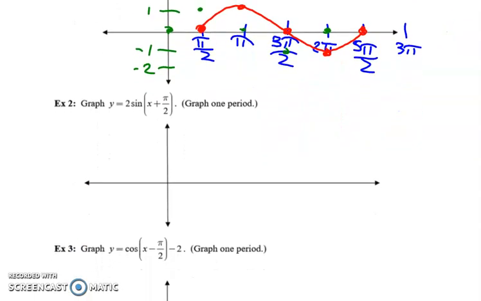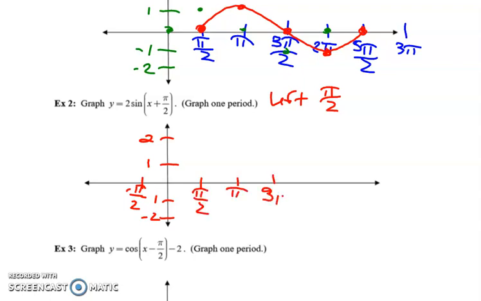So if we look at this example, this means we're going to go left pi over 2. But we also have that stretch. So we go 1, 2, -1, -2. It's negative pi over 2, pi over 2, pi, 3 pi over 2, and 2 pi rather.